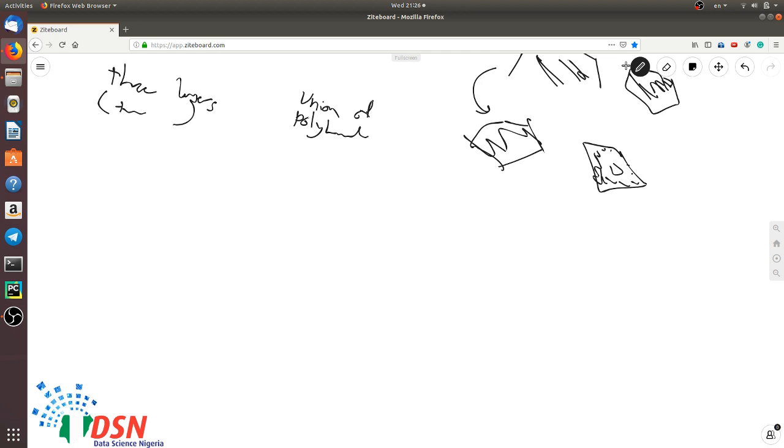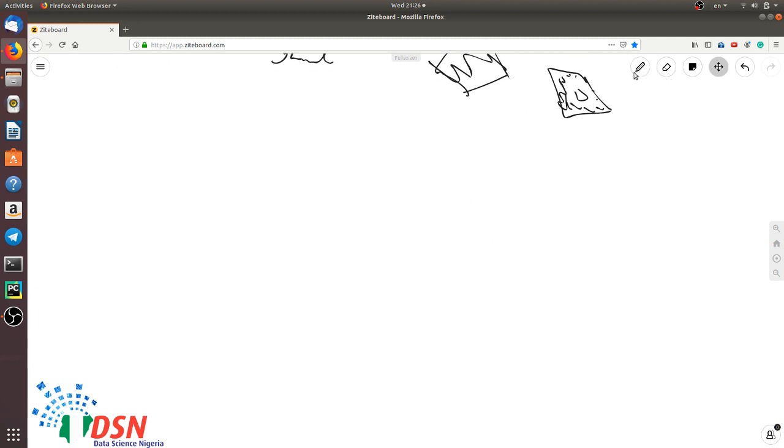So now let's see the main question: how to train these networks. We have a set of training data, some inputs and the corresponding outputs.